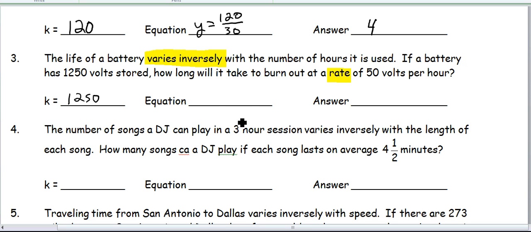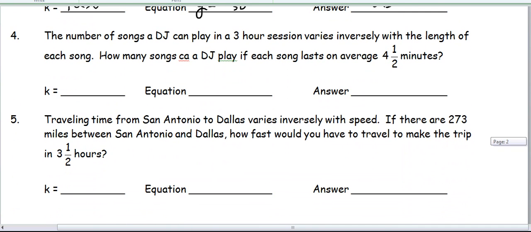That's what we start with. So our equation is y equals 1,250 divided by our rate per hour, and 1,250 divided by 50. Well, you can do that in your calculator. Gives you 25. All right, let's move on.